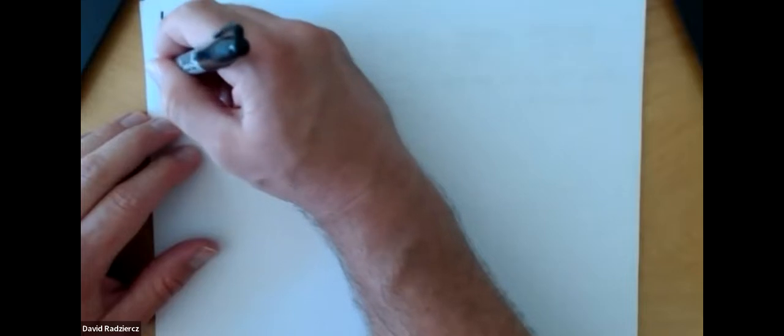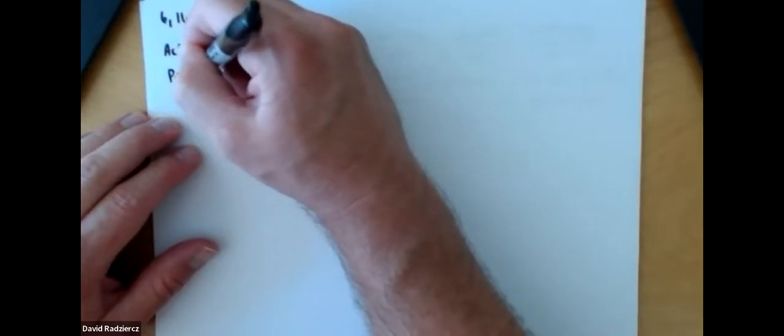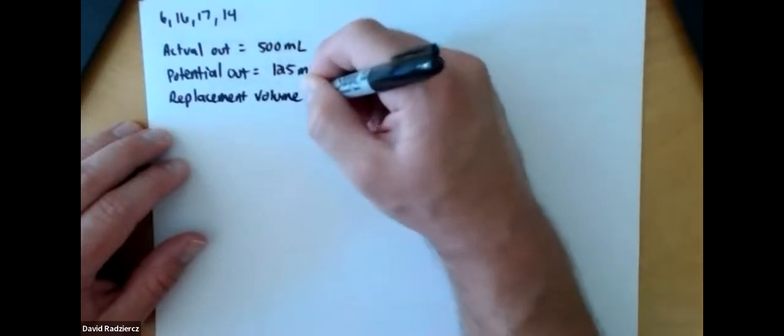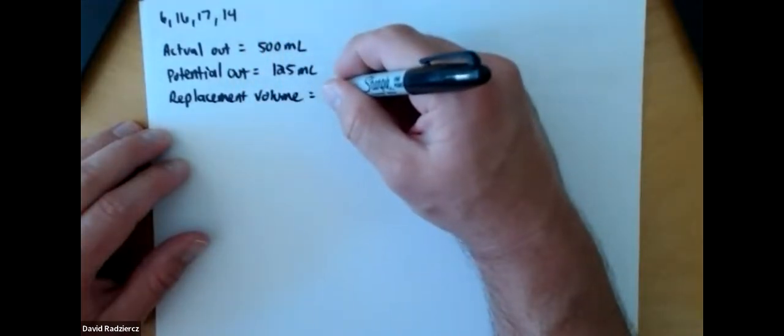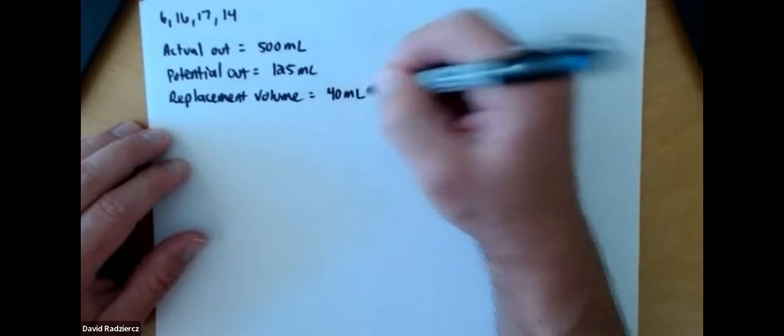And so my actual out was the 500 milliliters. My potential out was 125 milliliters. And then my replacement in, we'll just say the replacement volume, was 40 milliliters, I believe.